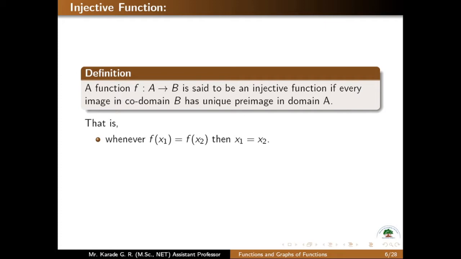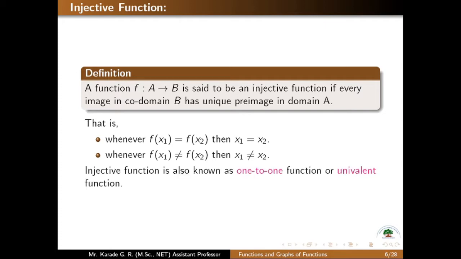Or in other words, whenever two images are the same, their preimages are also the same. Or we can say whenever two images are not the same, their preimages are also not the same. Injective function is also known as one-to-one function or univalent function.